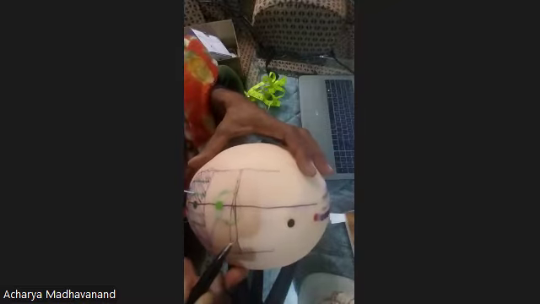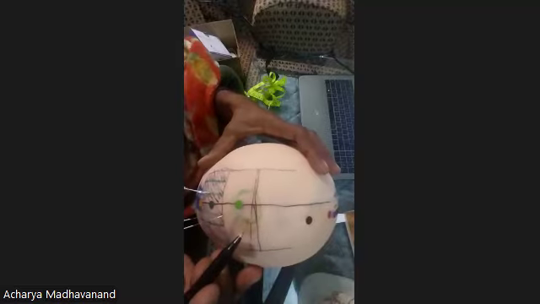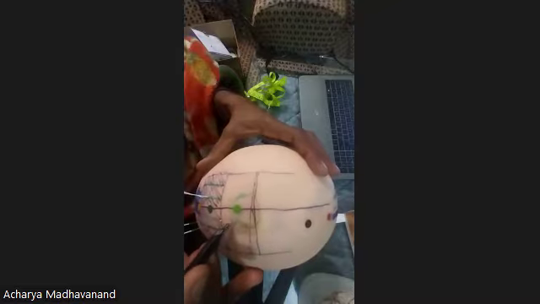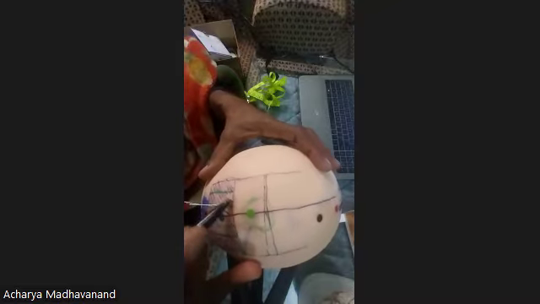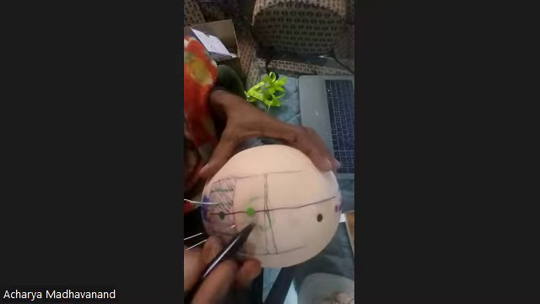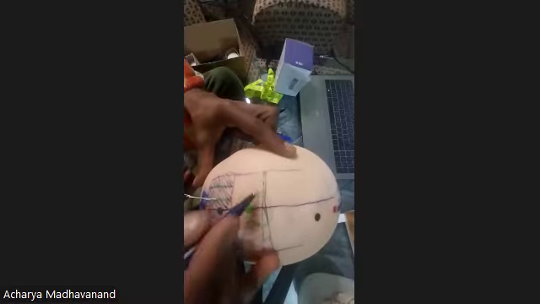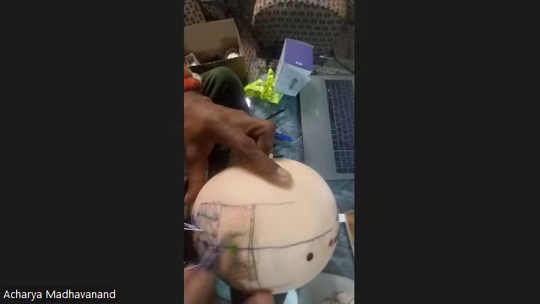I mark it with the red color. One minute. Like this, this area is middle jiao.